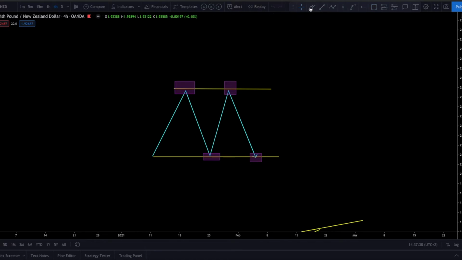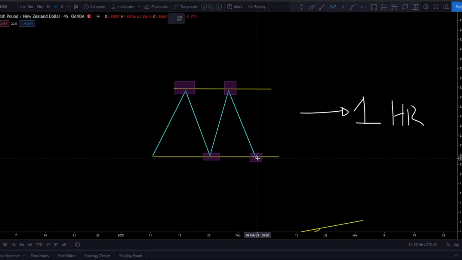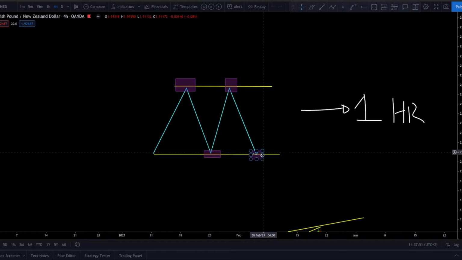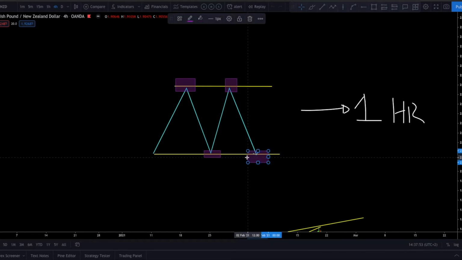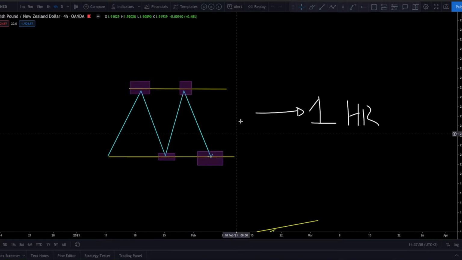Maybe let's say this is a 1 hour time frame, right? And then once it comes to this level down here, on this purple box, you already know it might bounce on this level and then go up, right?